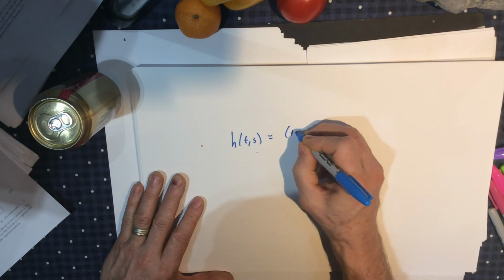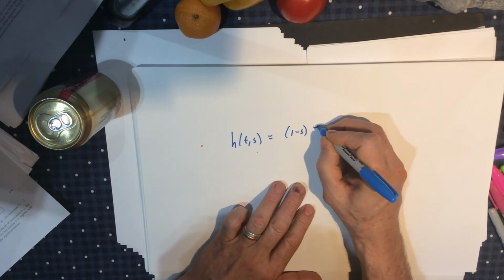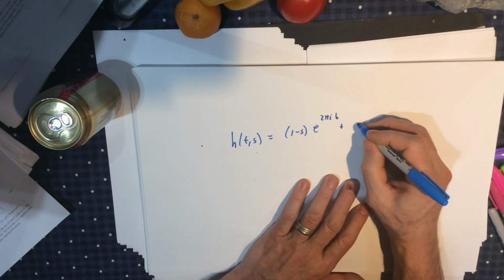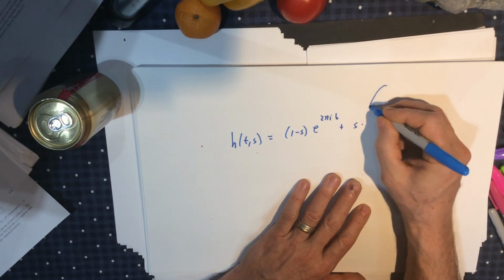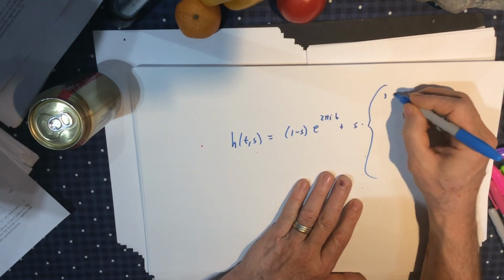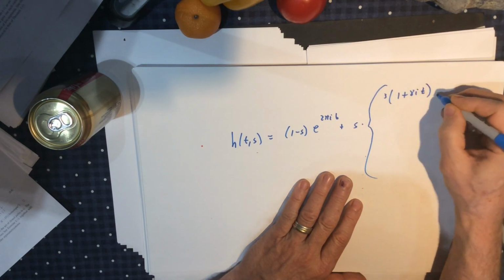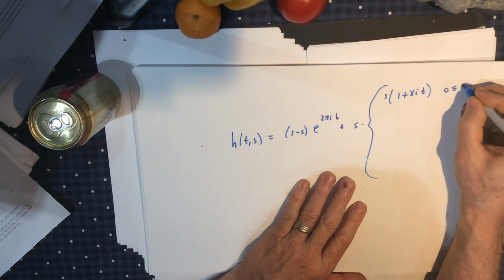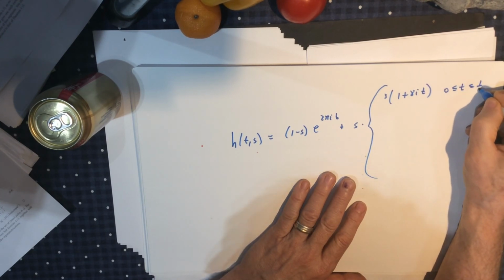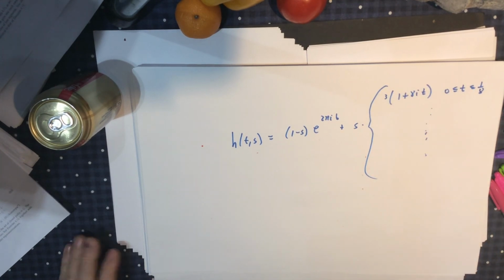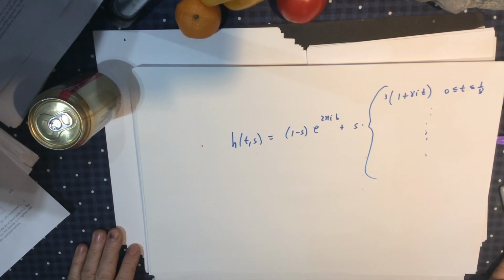Now, the reason I'm going to write this homotopy out is because when you first look at it, they have a piecewise listed function over here.